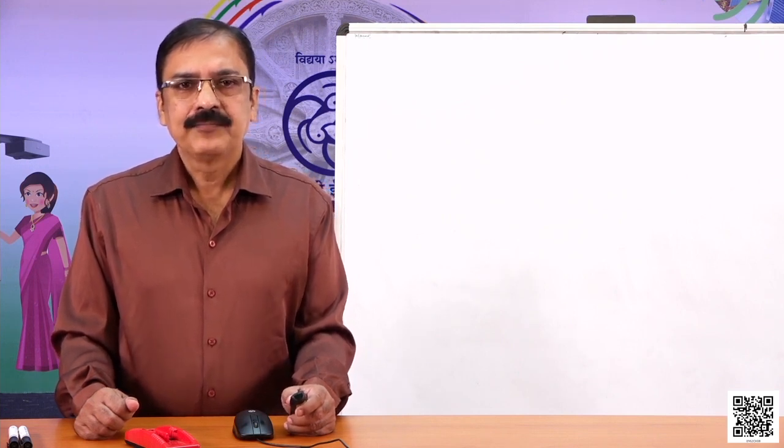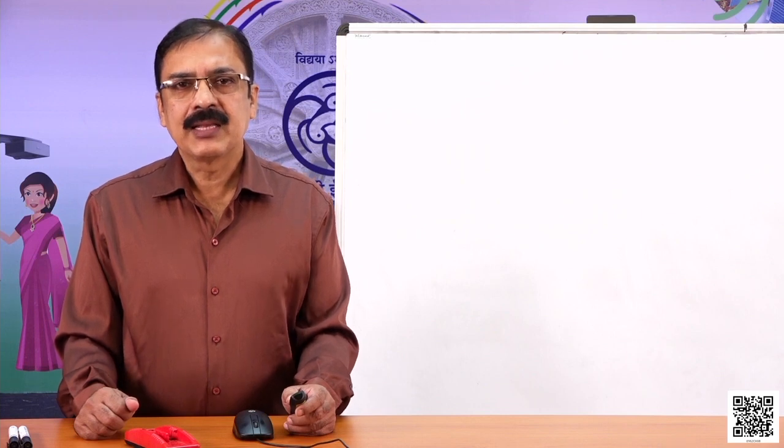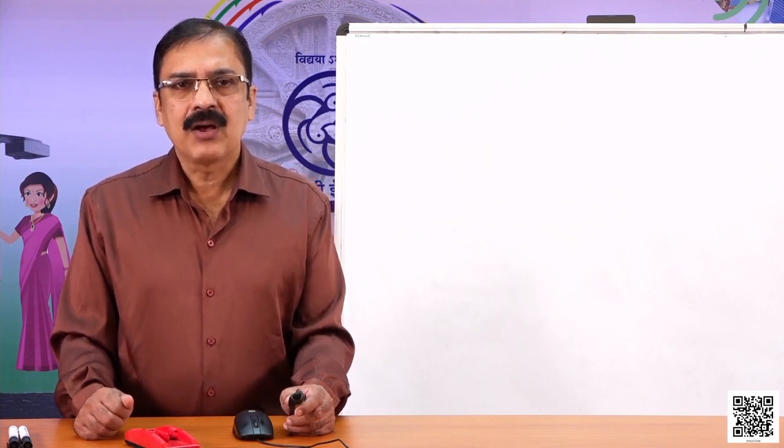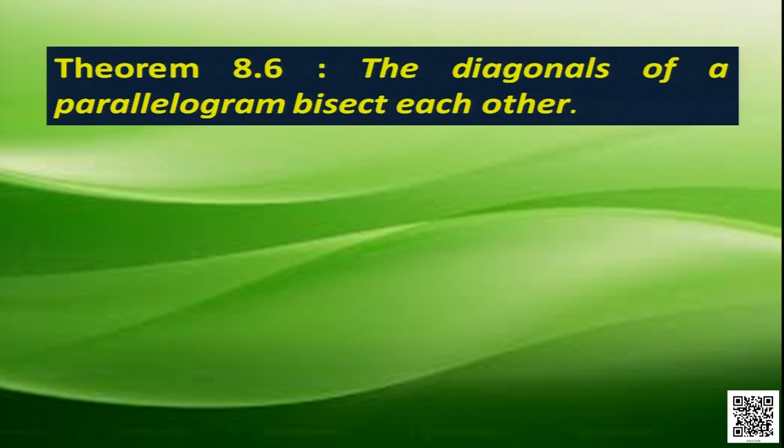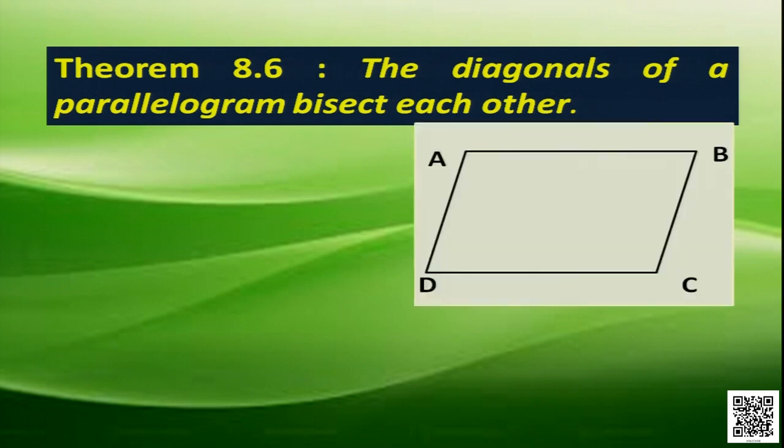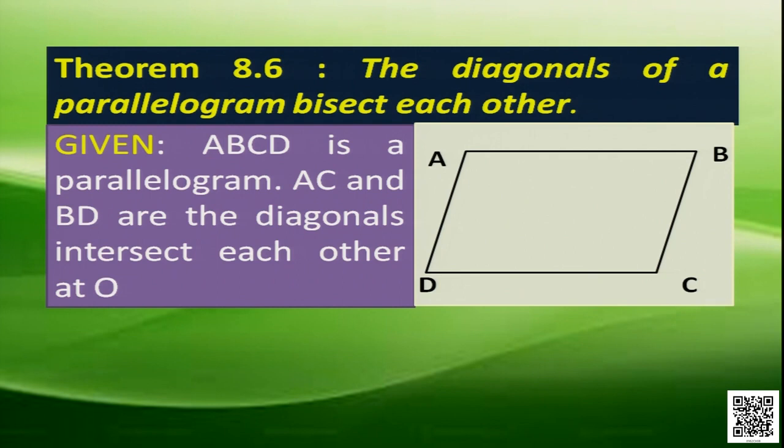What are they? The statement is like this: the diagonals of a parallelogram bisect each other. To prove this, let's have a figure. This is a figure of a parallelogram. ABCD is a parallelogram.